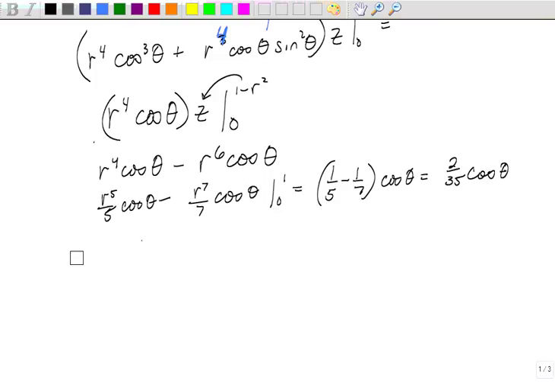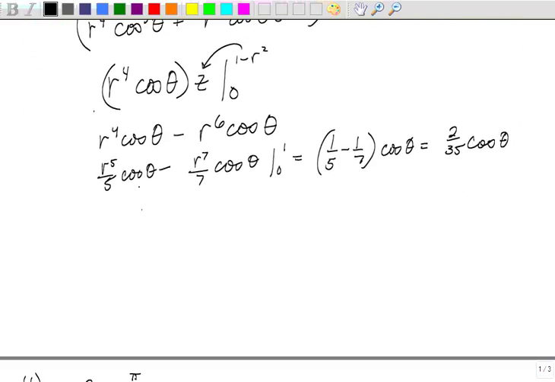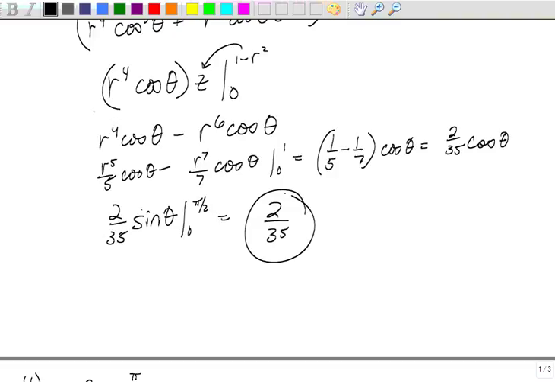Then I'm going to integrate that with respect to theta. So that's just going to be 2/35 integral cosine is sine 0 to pi over 2, and that just gives me 2 over 35. Okay, so that was a lot simpler than what I was doing.